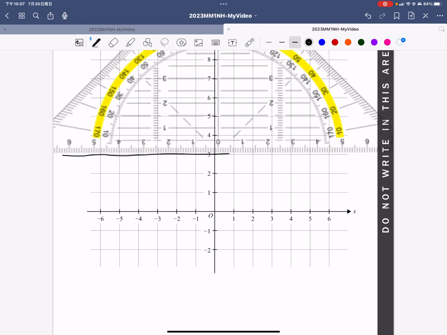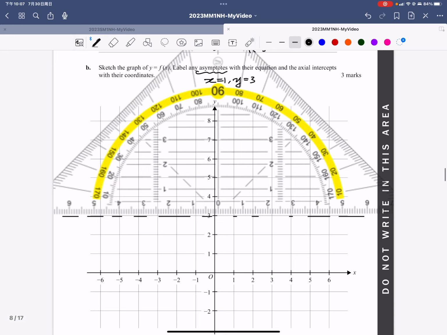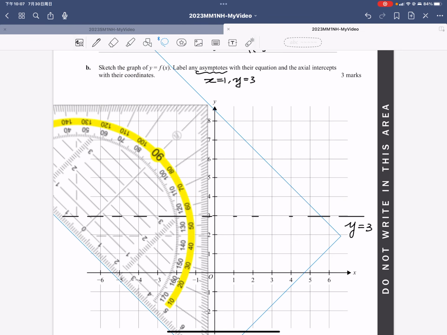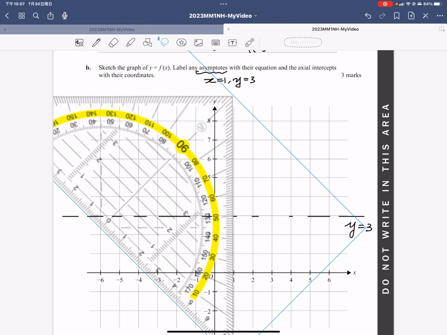Now use a ruler to draw a horizontal asymptote, dotted line, and label the equation. Also, you should use your ruler to draw a vertical line, okay? x equals 1.